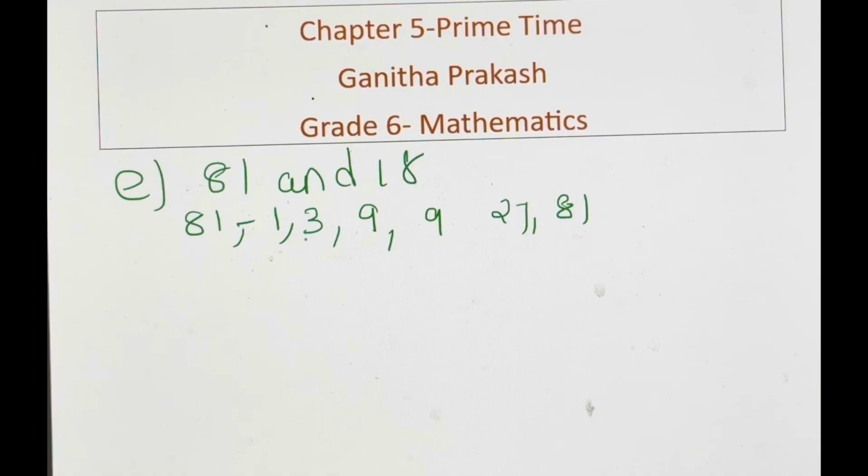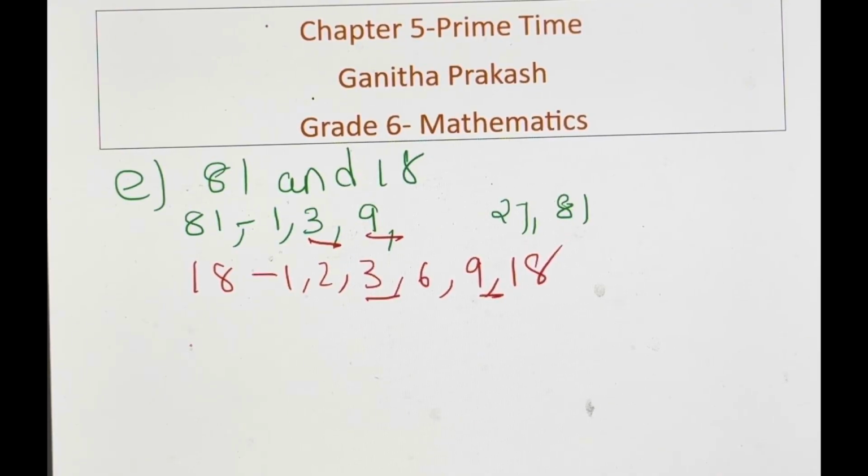So 9 we can write just once. These are the factors of 81. Now if we see 18, factors are 1, 2, 3, 6, 9 and 18. You can see common numbers here: 3 and 9 both are common. So they are not co-primes.